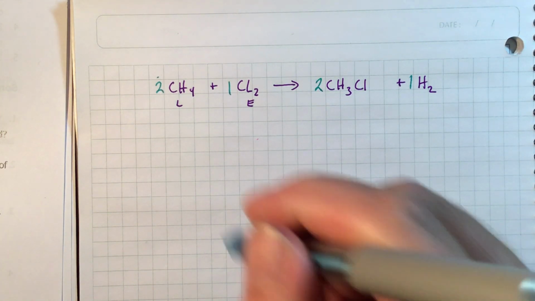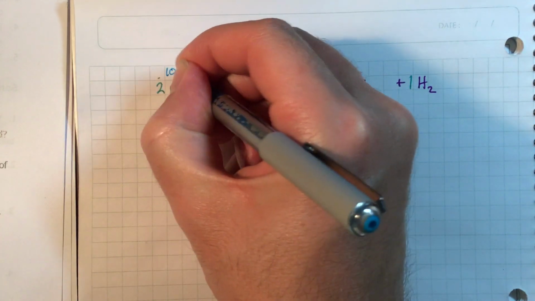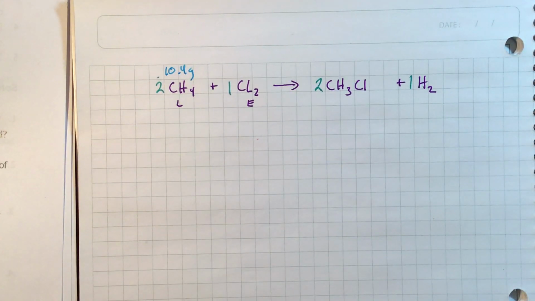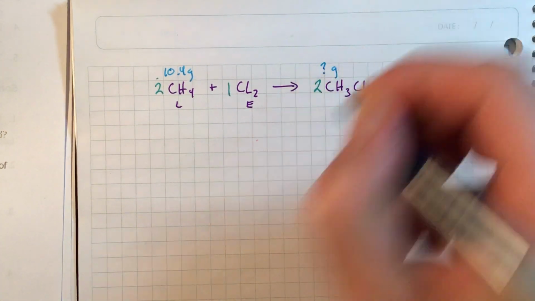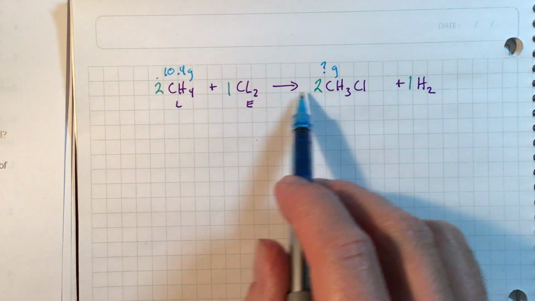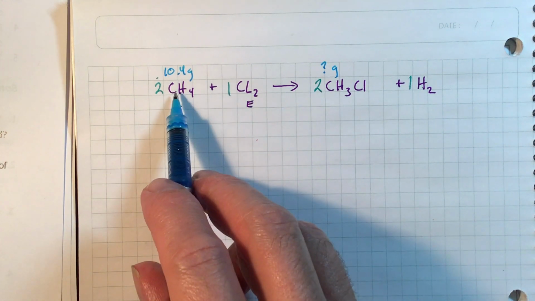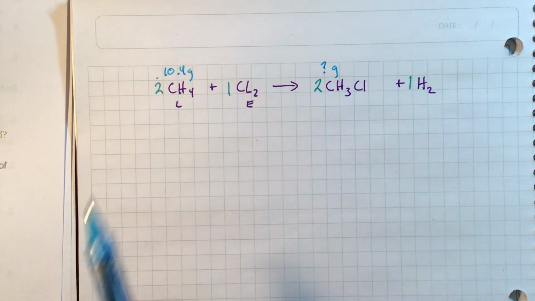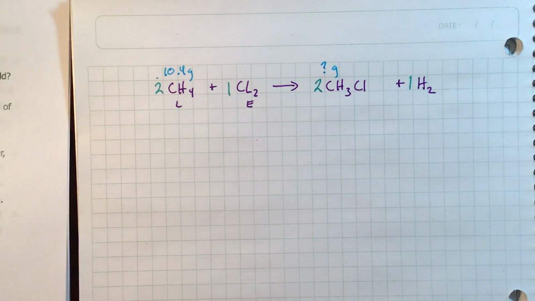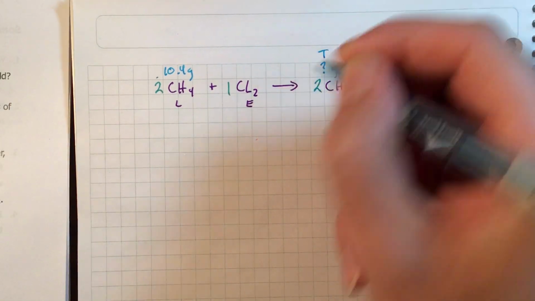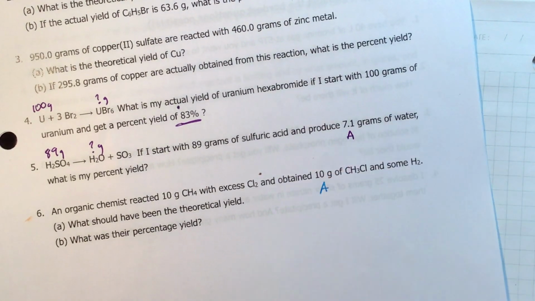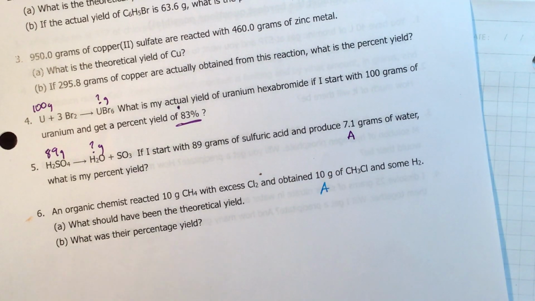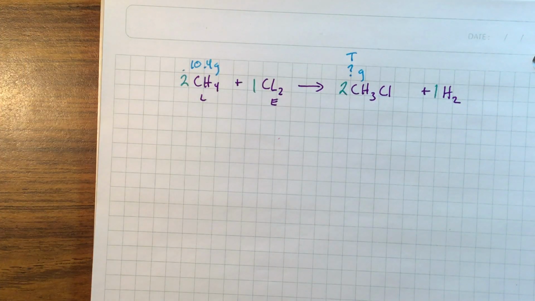From the question, I know I've got 10.4 grams of this. And I'm trying to figure out my theoretical of this. Now look, this is a 1-to-1 molar ratio. So whenever we figure out the moles to this, we can just write them down to that. And so we're trying to figure out our theoretical here on this guy, because we've got our actual right here. So what should our theoretical yield be?